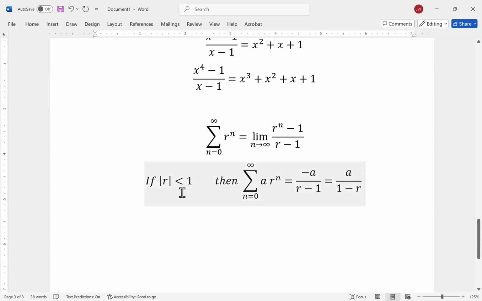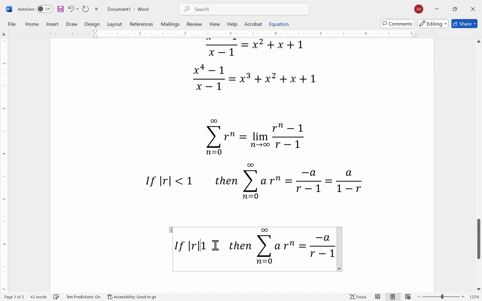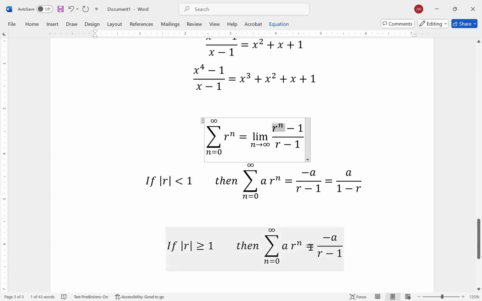So if r is less than 1, this thing goes to 0. If r is greater than 1, then that thing goes out to infinity. Then this r to the n here goes off to infinity.